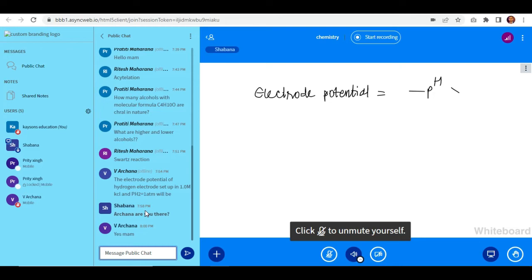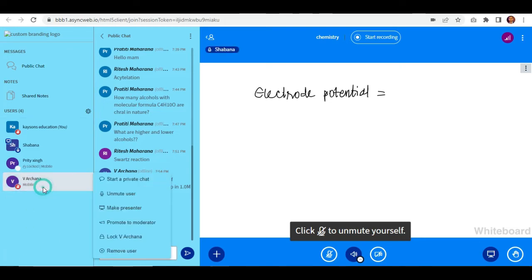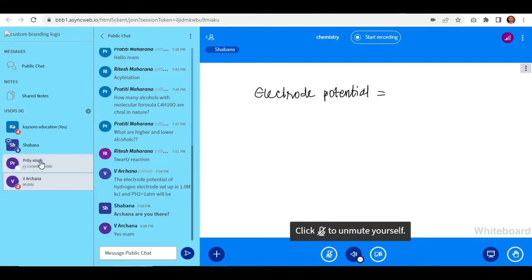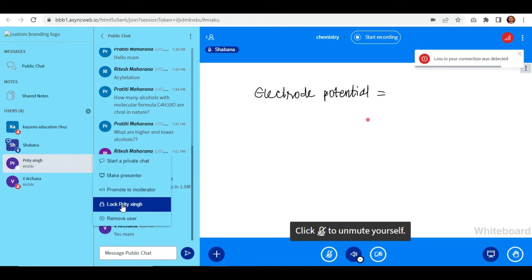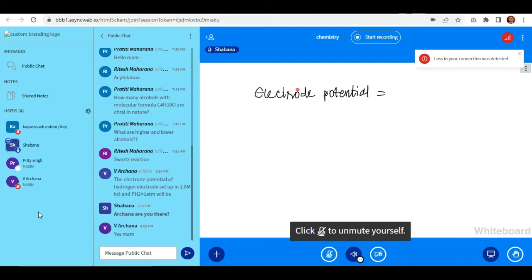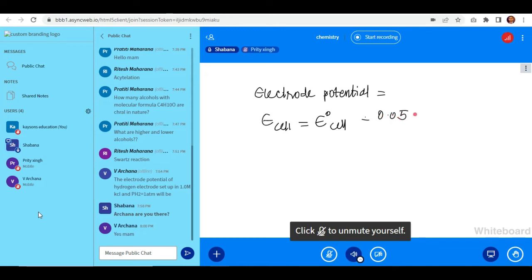It looks like electrode potential is like E cell. E cell is equal to E naught cell minus 0.059 by n log.